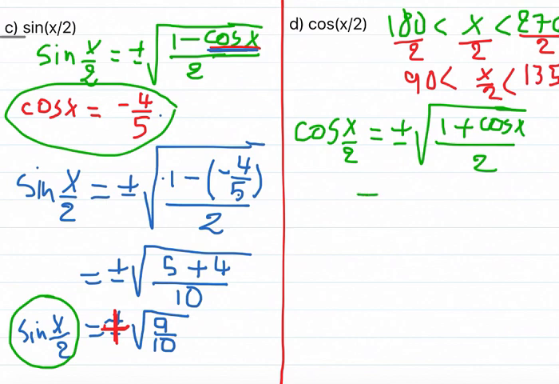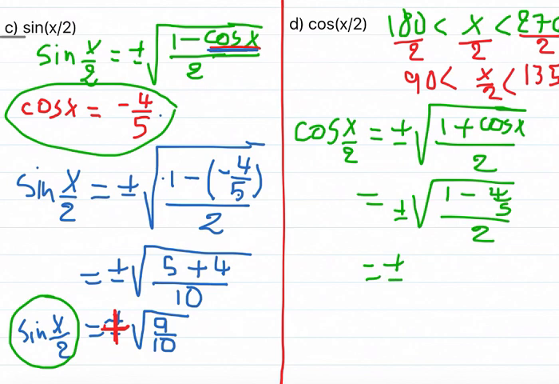So you get square root of 1 minus 4 over 5, all over 2. This simplifies to 1 over 5 and over 10, which is 1 over 10. So this equals plus minus square root of 1 over 10, which is exactly plus minus square root of 10 over 10.